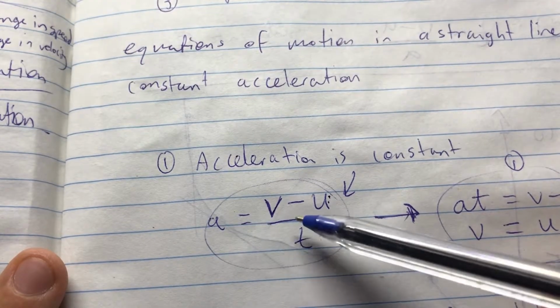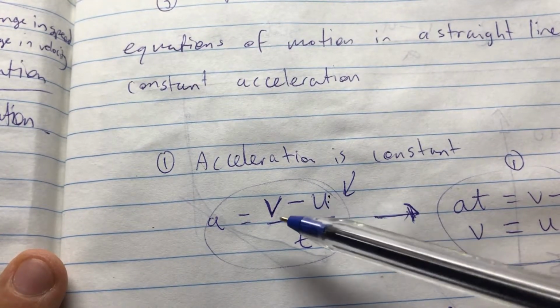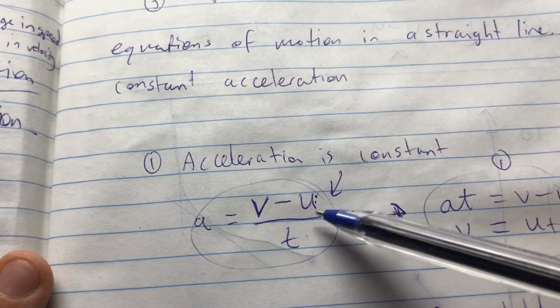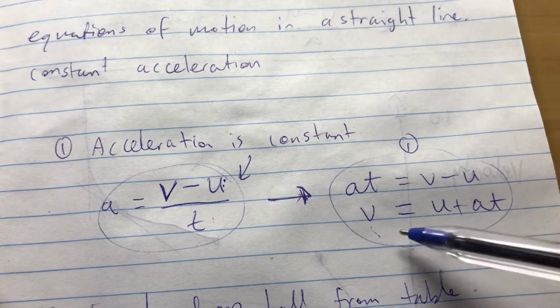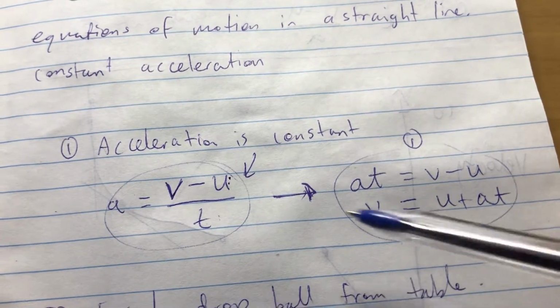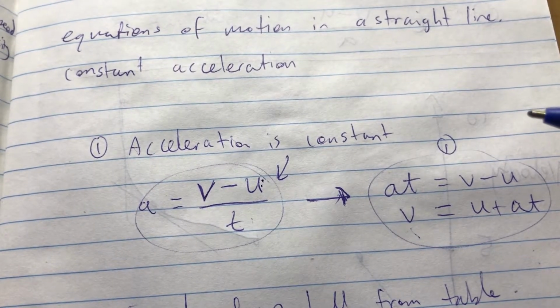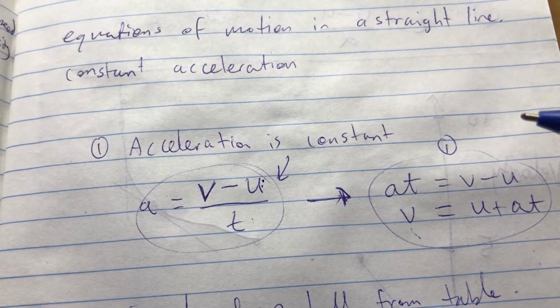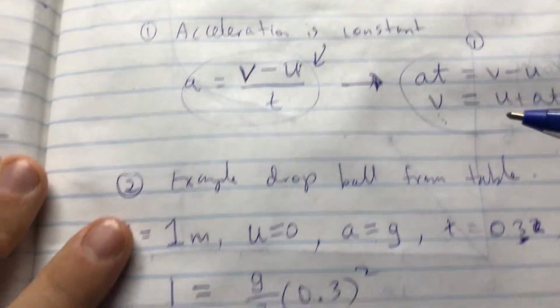That's how you find a constant acceleration. It's the same as the average acceleration, and if you rearrange this, you actually get the first equation of motion. So the first equation of motion is just equivalent to saying that we're talking about a situation with constant acceleration.